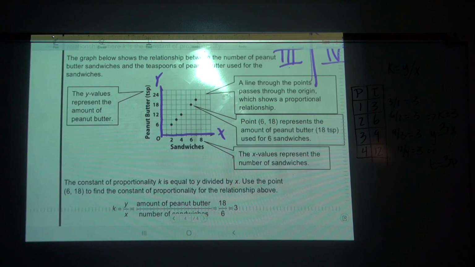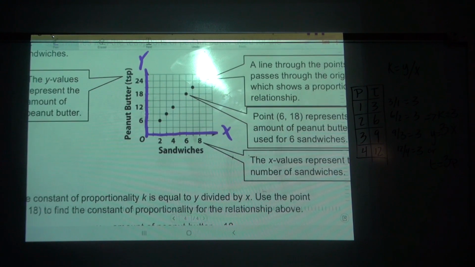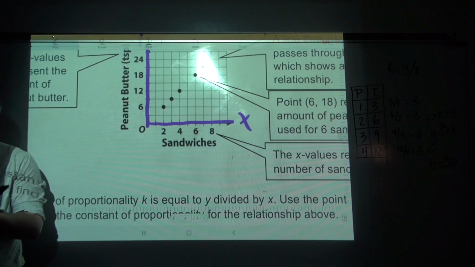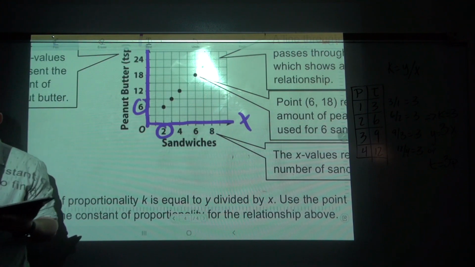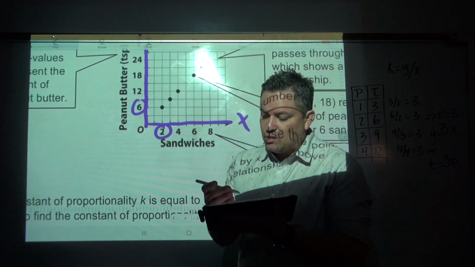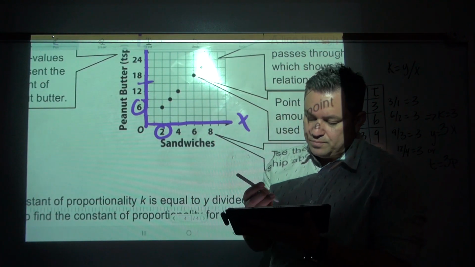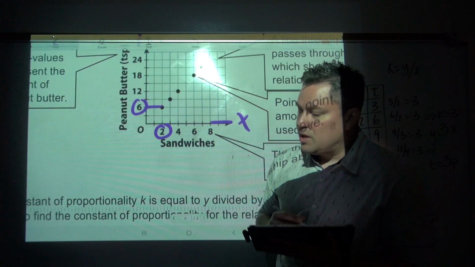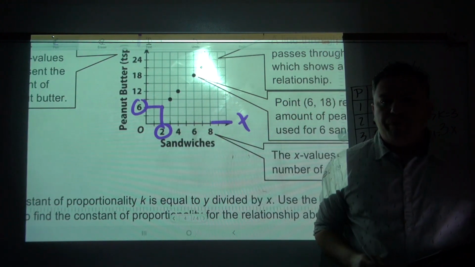And they're saying that for every 2 sandwiches, they're going to use how many tablespoons of peanut butter? 6. So if you have 2 sandwiches, they're using 6 tablespoons of peanut butter. So you can kind of connect the dots right here. And that's what I'm going to do. So you connect these two, and that's your first ordered pair.